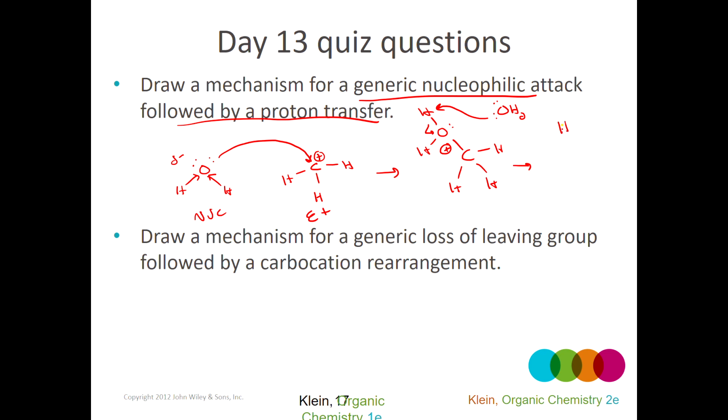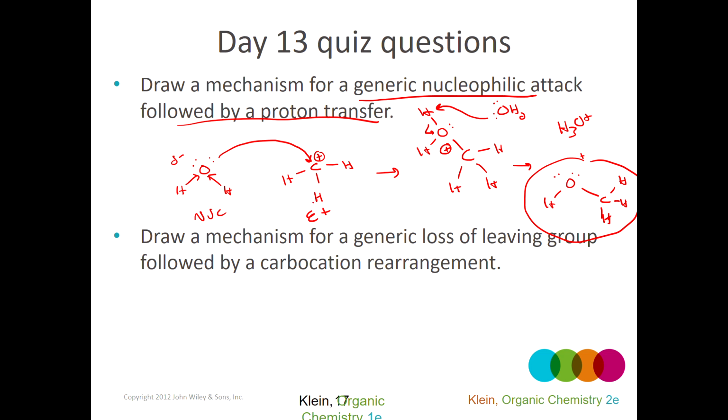This water would become H3O plus, and the rest of the structure would balance its charge and become relatively stable. So this could be one way to make this alcohol, if I can get this carbocation to form. But we'll talk about the application of these reactions in specific examples and syntheses later. So that's just one example. I'll check out your quiz answers and see if I can give you feedback if you have issues or problems with yours.